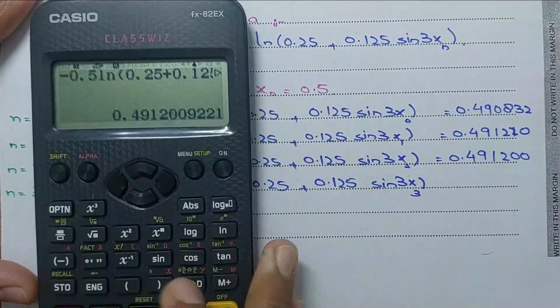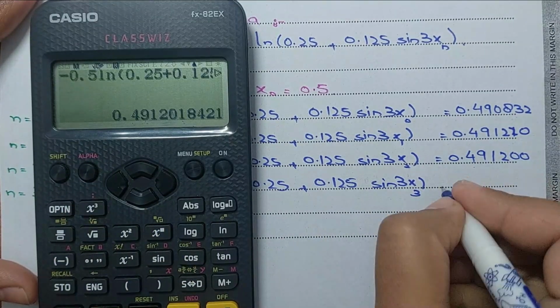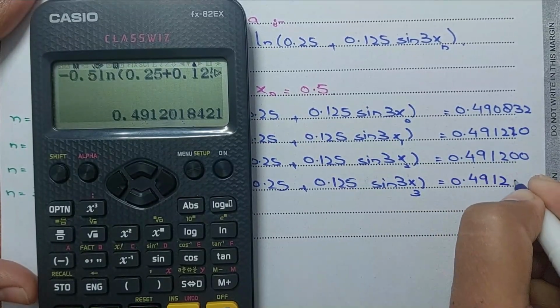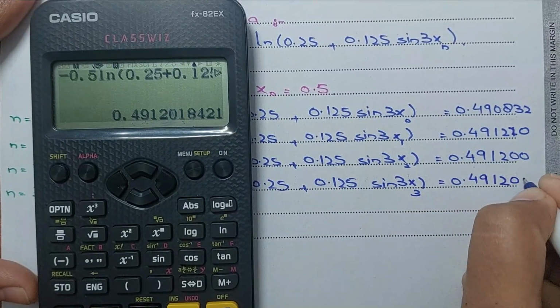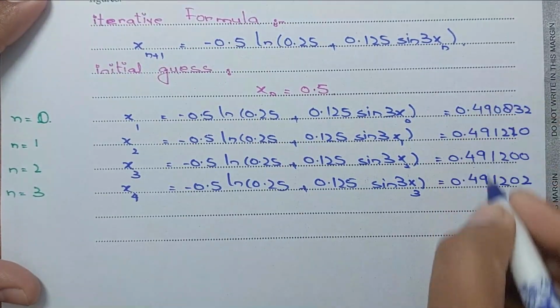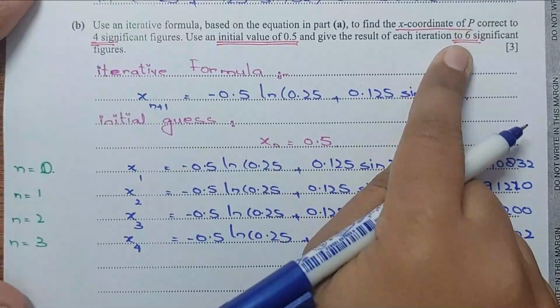This is your x3, and this answer is 0.49122, shifted to 2 because it's rounded up, right? Now these iteration results are in 6 significant figures.